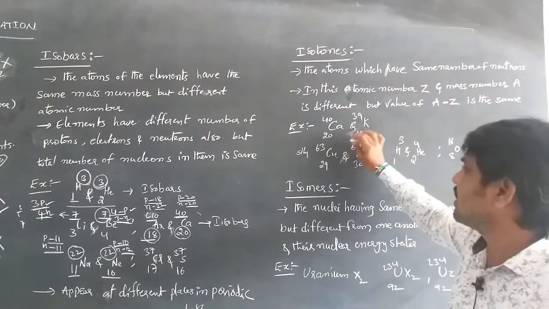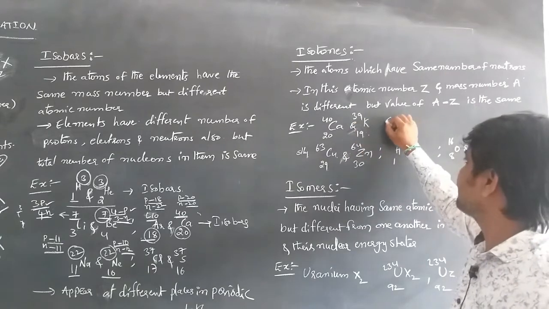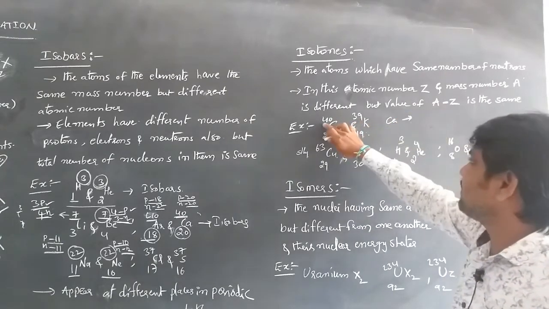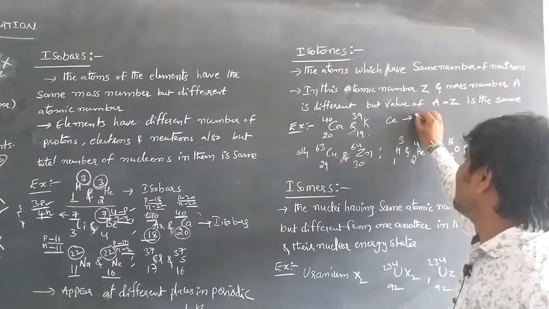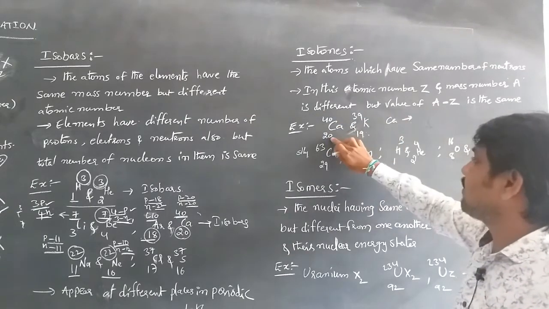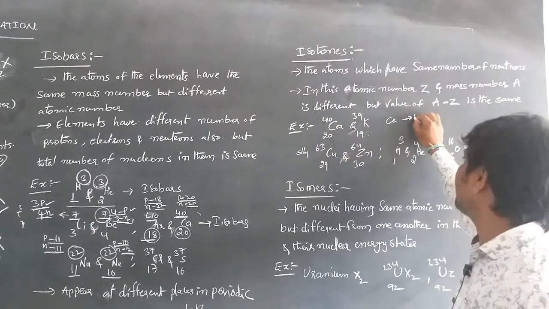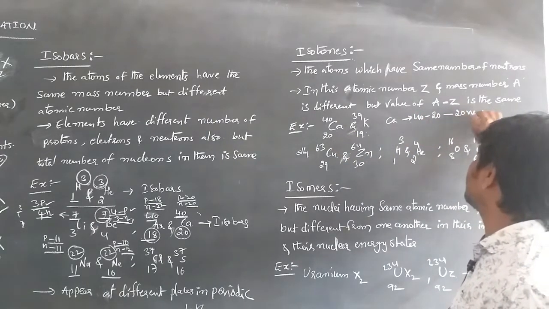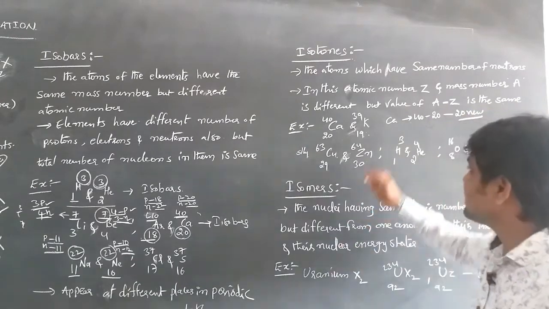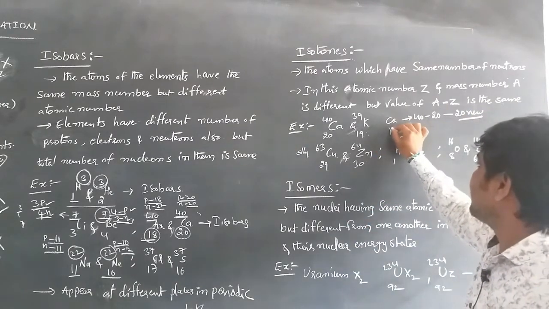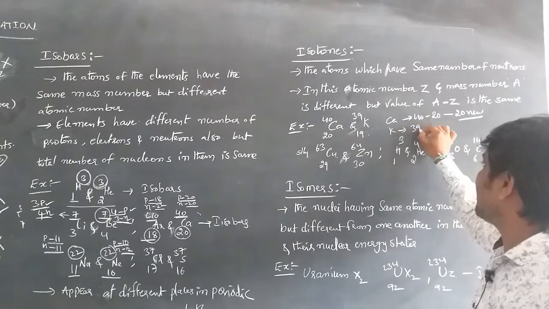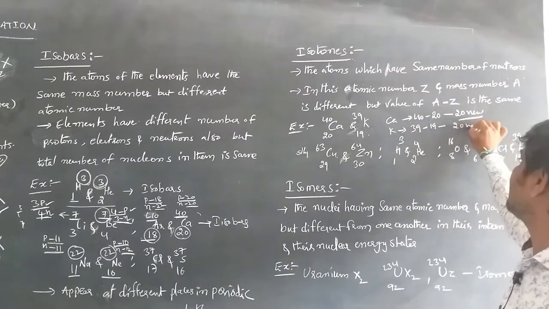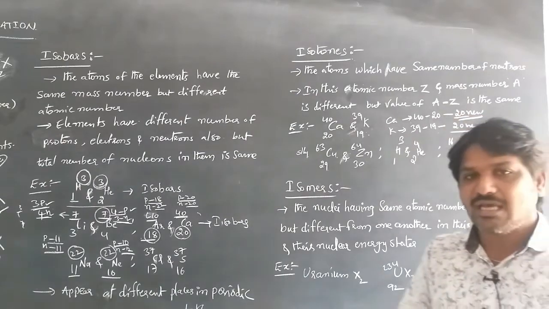If we take calcium, it has 20 protons and atomic mass number 40; subtracting, 40 minus 20, we get 20 neutrons. As well as potassium, 39 minus 19, gives 20 neutrons present inside the nuclei.